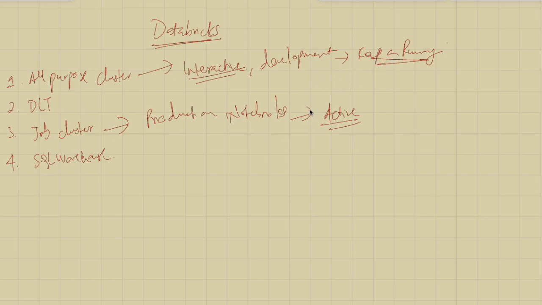Yes, you can give a time, like if you want to stop it after 15 minutes idle time, it can do that. But it's not a transient cluster type, where a job cluster will do the job and it will stop. And that is why it is broadly used in production environments. Now you can run workflows using an all-purpose cluster also, even that is possible. But in production, use the job clusters. Here also you can do the required configuration whatever you want.